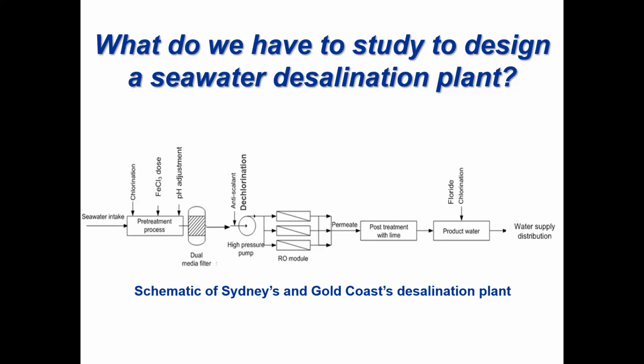So we put chlorine at the beginning, lower the pH, and add iron chloride. Iron chloride is a flocculant. When you have very high turbidity water, you want to reduce the turbidity using iron flocculation, then settling down.